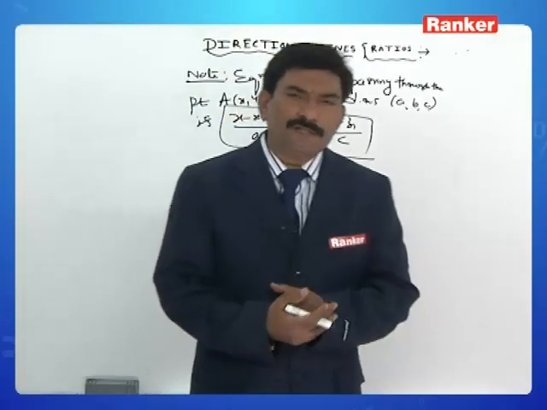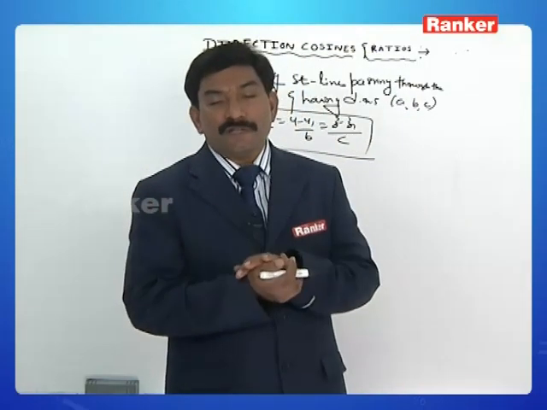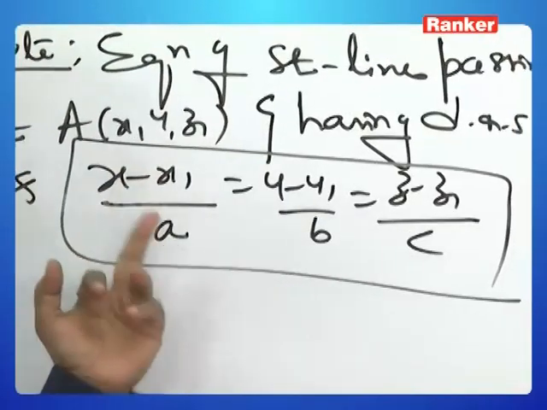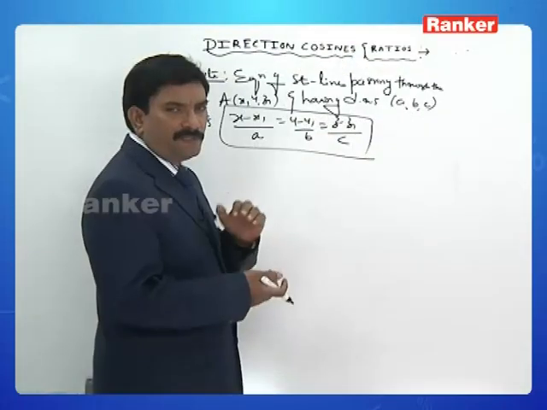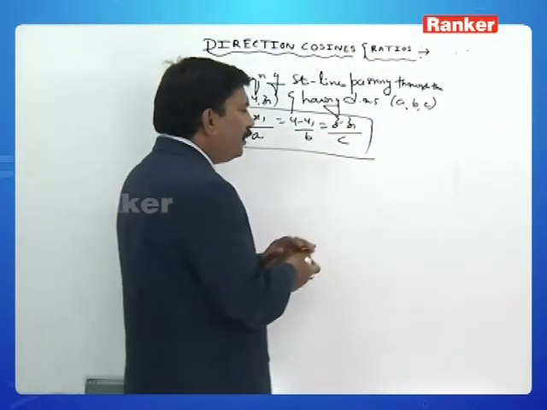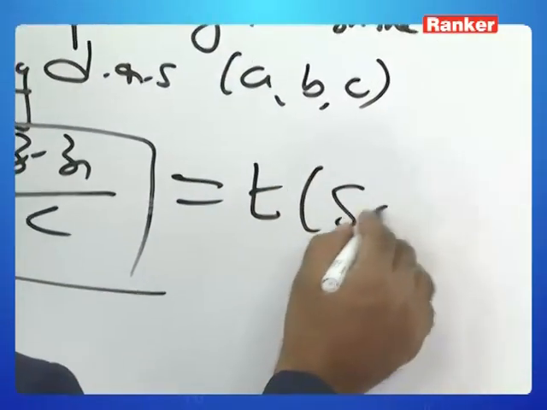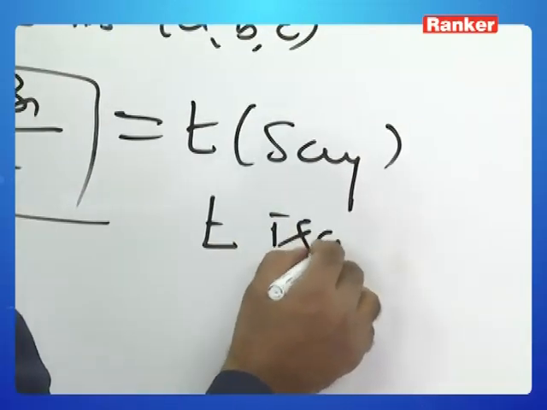Earlier we had direction cosines. The direction cosines are nothing but direction ratios. So therefore, (x minus x1) by a is equal to (y minus y1) by b is equal to (z minus z1) by c. Earlier we took this equal to r. You can also take t, where t is any scalar.